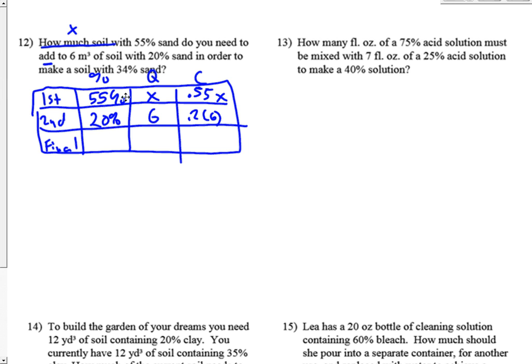And we want to end with a 34% sand concentration of the soil. So 34%. The amount that we are going to end up with is the two parts added together, so x plus 6. So we end up with 0.34 times x plus 6.